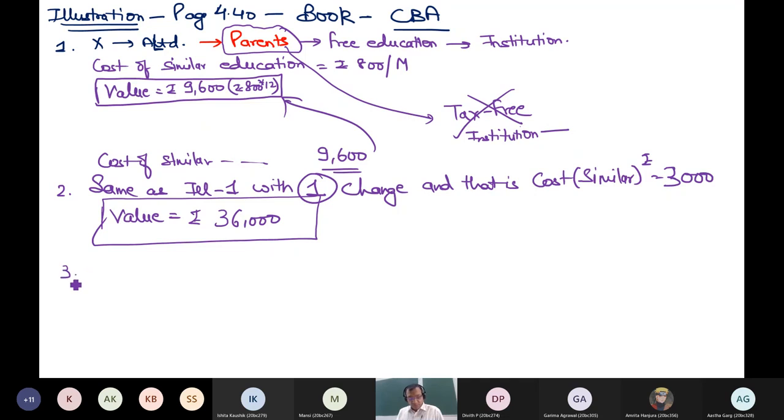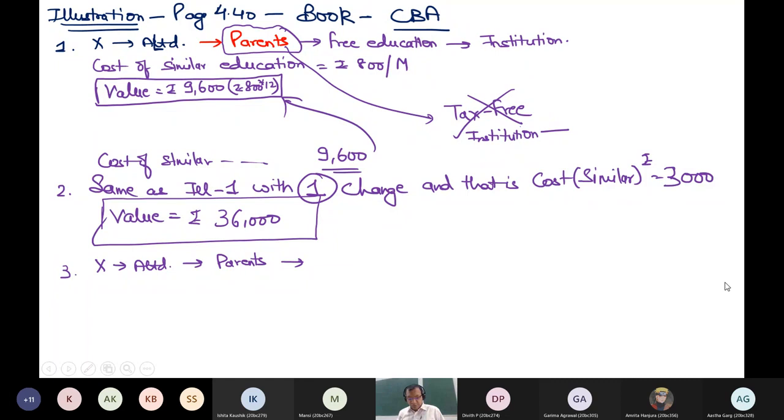Third. In the third, I will say that X is an employee of A Limited. Here also parents are provided education facility, but now it is not free.